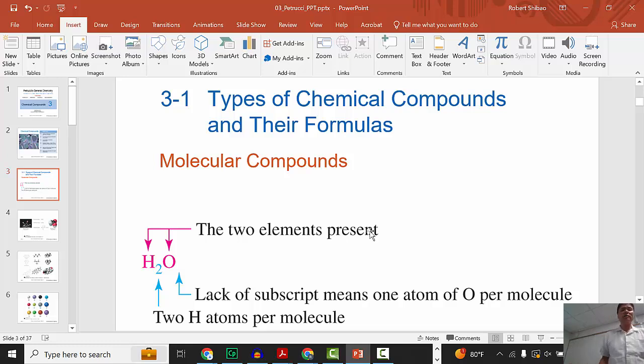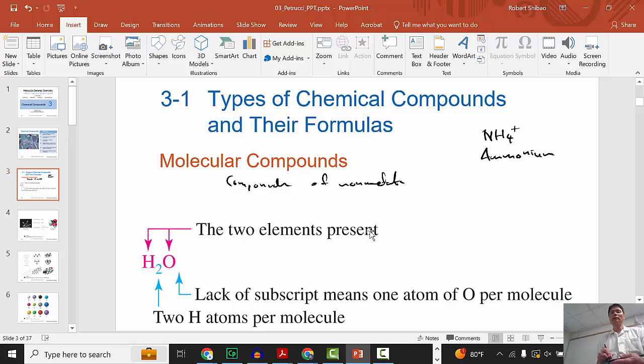Do you know an exception to this? And so molecular compounds are going to be compounds of nonmetals. But there are some cations. Do you recognize this cation here? NH4 plus. What's that called? Did I give you this one to memorize already?